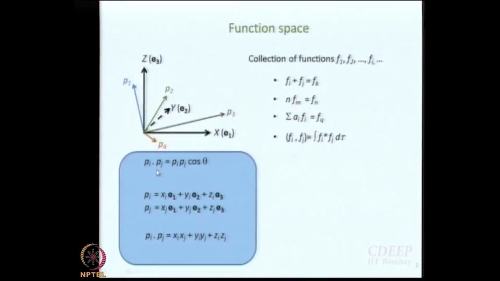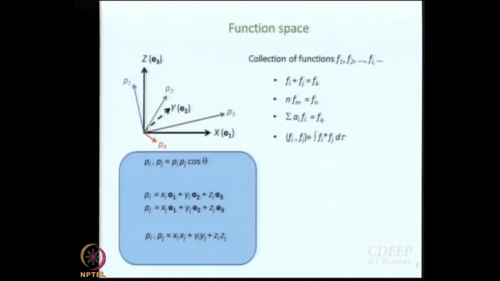What is Pi Pj? We worked it out, and it turns out to be the sum over i of xi xj plus yi yj plus zi zj, which is basically the same as integral fi star fj d tau. It's just that in this example we have taken only 3 basis vectors. Okay. So this is the definition of scalar product.